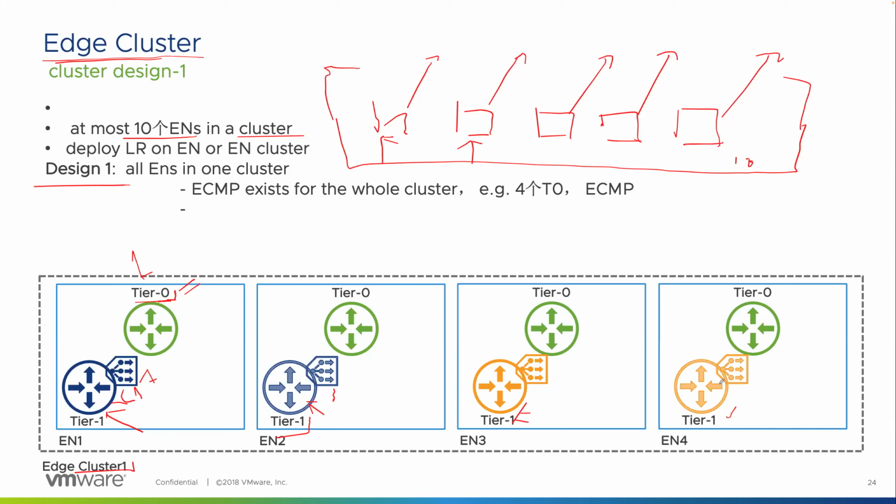Standby is always grayed out, as shown in the picture. So that means you can create a very big cluster, and you can put all of your edge nodes into this cluster. This is design one.